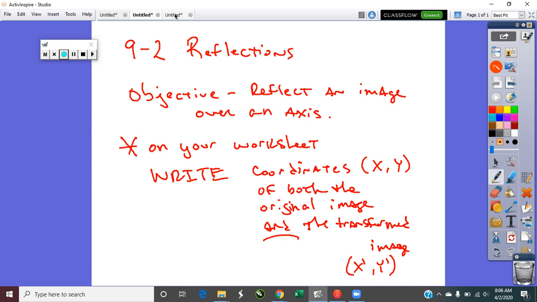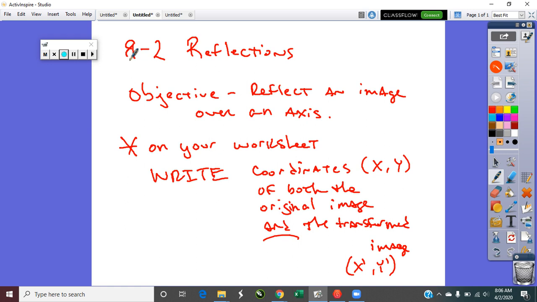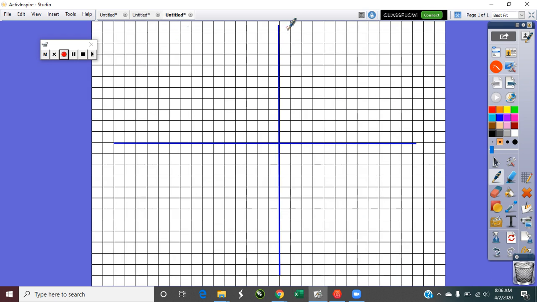All right, so if I'm going to reflect over an axis, first of all, hold on, I just realized something. This should be 8-2. Sorry about that. When I look at these two axes, this is the y-axis, and this is the x-axis. So let's say we've got a figure here, and today's worksheet has triangles, parallelograms, and just quadrilaterals.